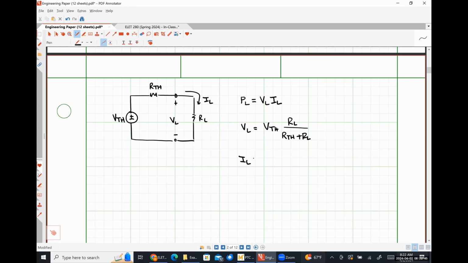I can find my load current simply by doing Ohm's law. So that's going to be VTH divided by RTH plus RL. And when I substitute those two relationships in, I find that my power is given by the Thevenin voltage squared times RL divided by RTH plus RL squared.